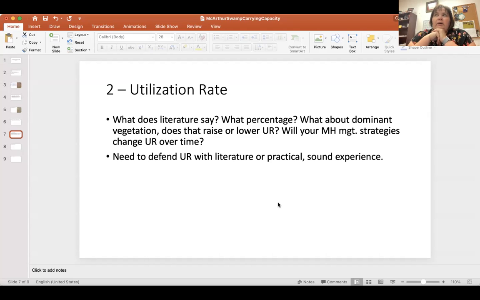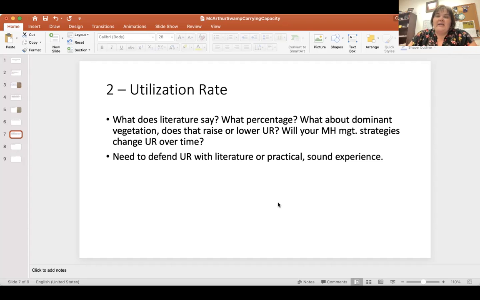So I'm going to let you guys kind of do some research on utilization rate. And there's some really good information out there in peer-reviewed literature. And the ecosystem, just as a reminder that we're dealing with, is kind of Intermountain West. So there's going to be different researched utilization rates depending on the ecosystem that you're in.